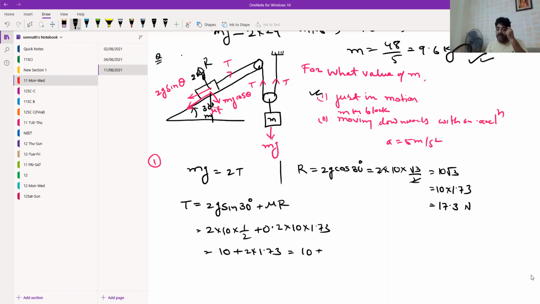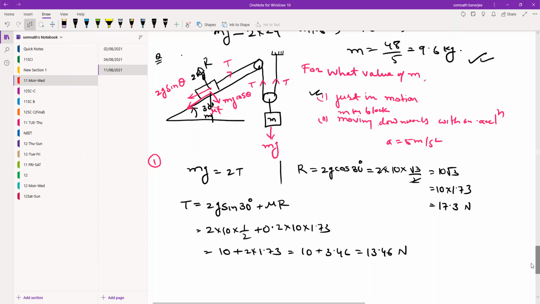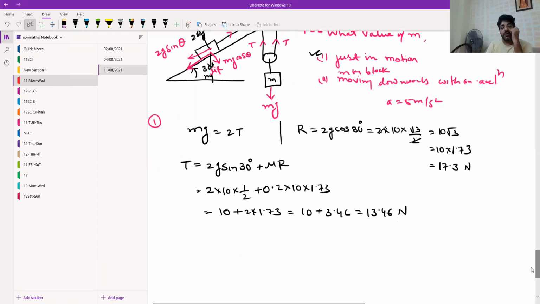10 plus how much will this be? 7 14, 3.46. So 13.46. Yes or no? Yes, sir. You get your tension is 13.46. So mass into gravity, that is 2 into 13.46.